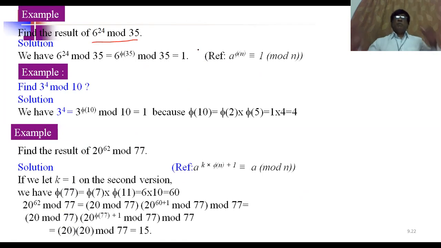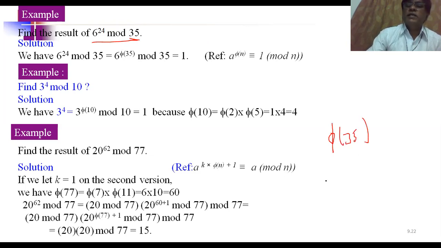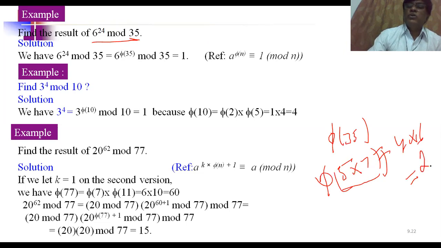Here the modulus is 35. What is phi of 35? 35 can be written as 5 into 7, so phi of 35 is phi of 5 into phi of 7, which is 4 into 6, equal to 24. So phi of 35 is 24.